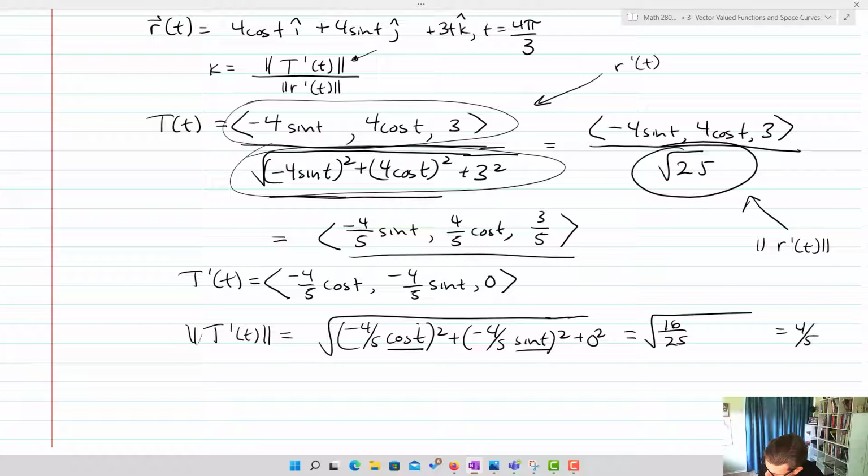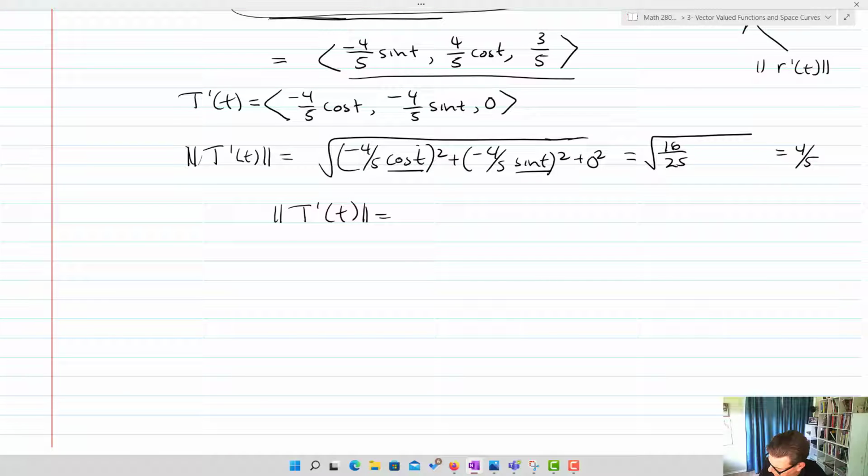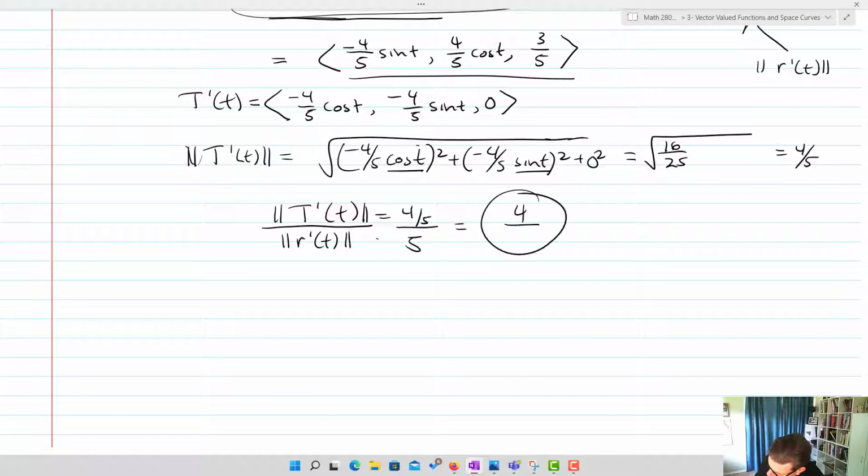So the magnitude of T prime of t equals 4/5. We'll divide that by the magnitude of r prime of t, and that means that this is 4 out of 25. Excuse me.